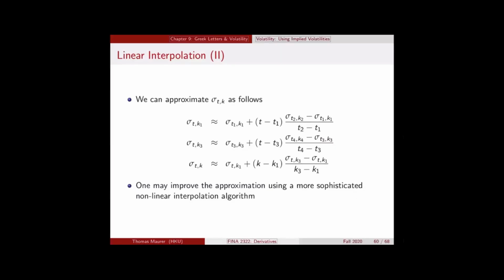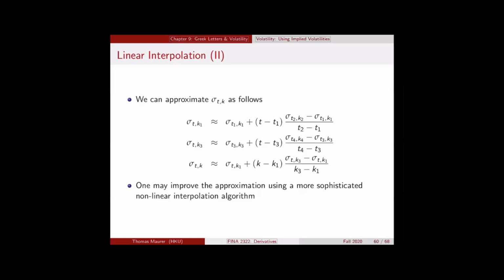Now what I would like to find is the implied volatility with a time left to maturity T, which is between T1 and T2. Now what I do is draw a linear line between sigma T1 and sigma T2, and I'm just going to look up the value on that linear line in between.